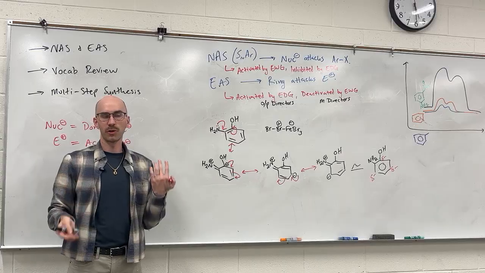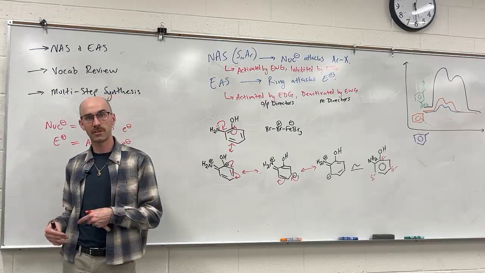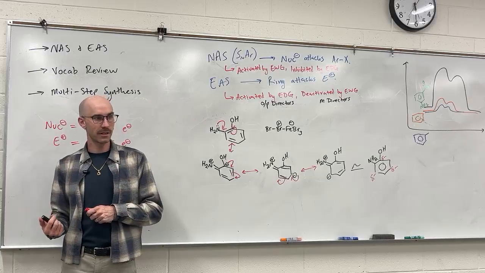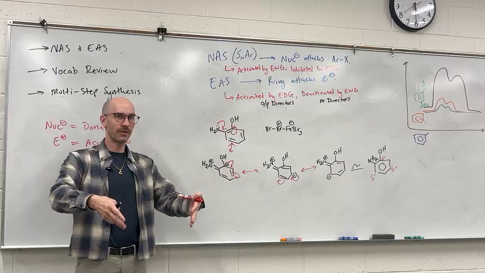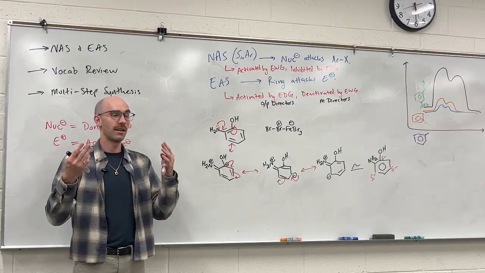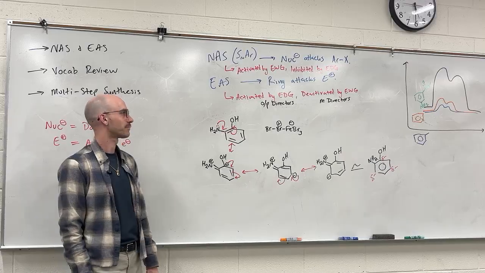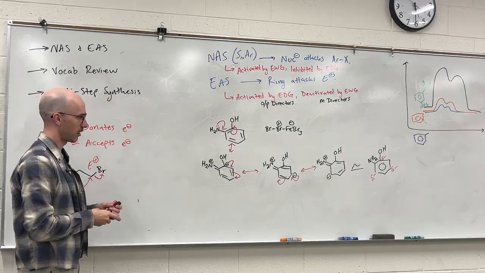Halogens blur the line. Halogens technically steal electron density from the ring, making it less nucleophilic, but they also stabilize the intermediate by donating electrons, so they support ortho-para positions. Halogens are the middle guy.